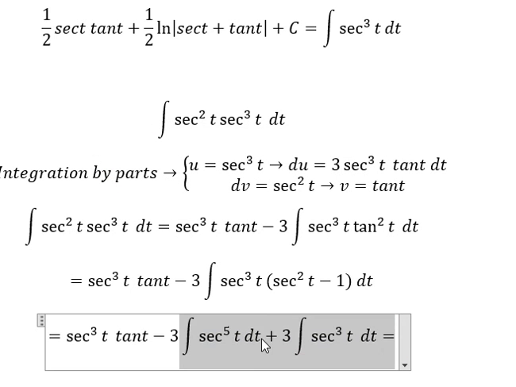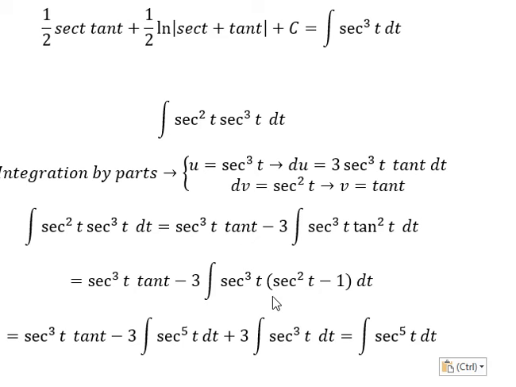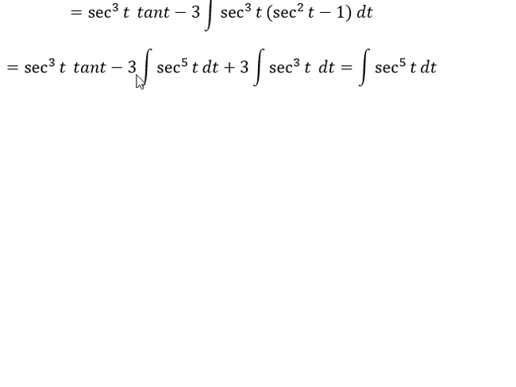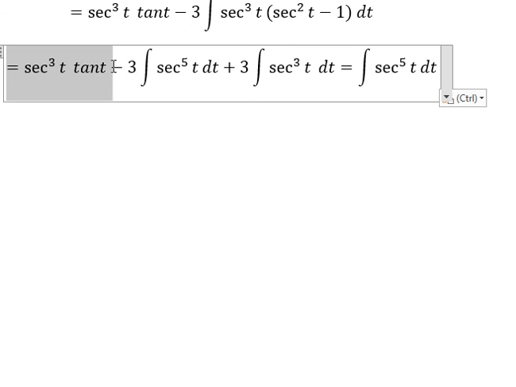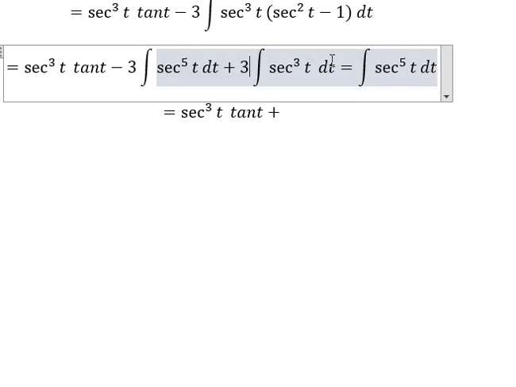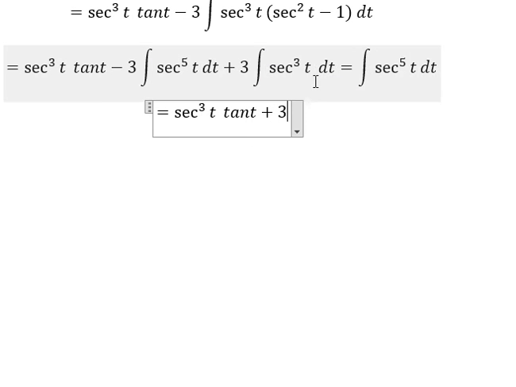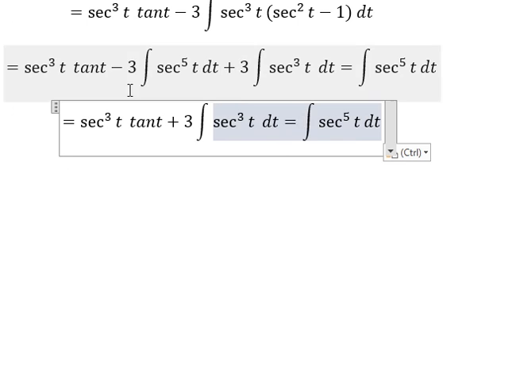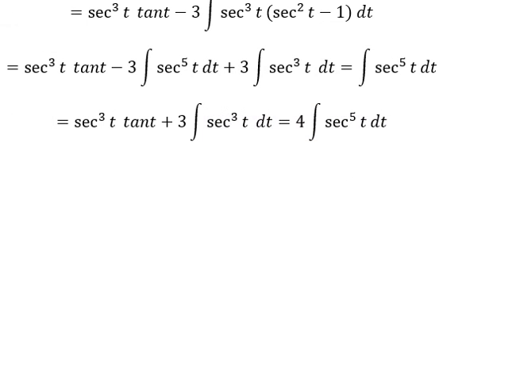I just put this one in here. So we put negative 3 times the integration of secant of t to the power of 5 to the right. And this one we get 3 plus 1 is 4. Now we divide both sides by 4.